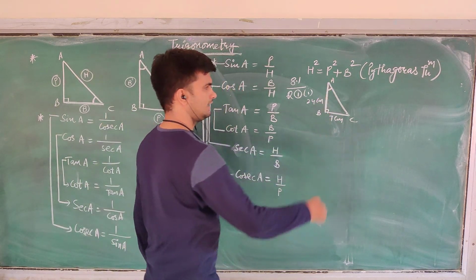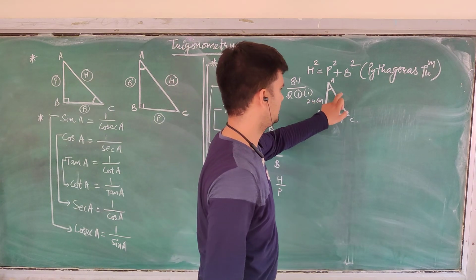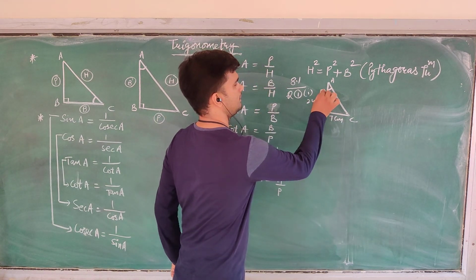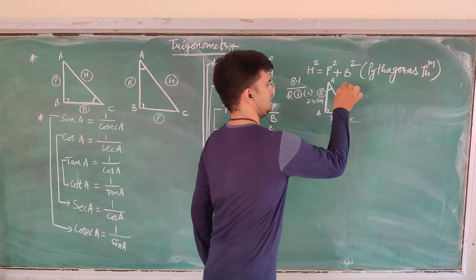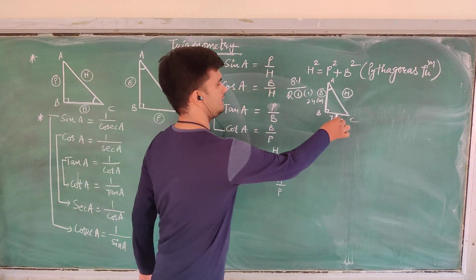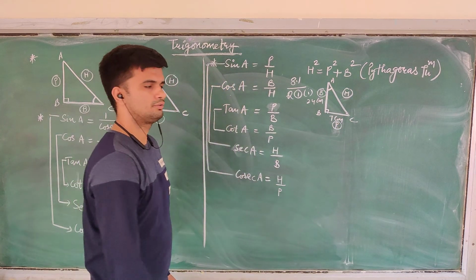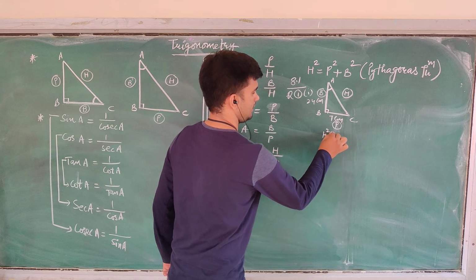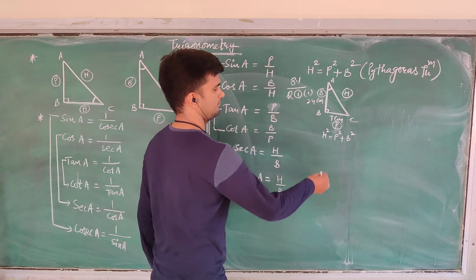It means if angle is at point A, I have already told you the line which makes angle with the hypotenuse is called base. And this hypotenuse is the greatest length. And the side opposite to the given angle is called perpendicular. So here h square is equal to p square plus b square.